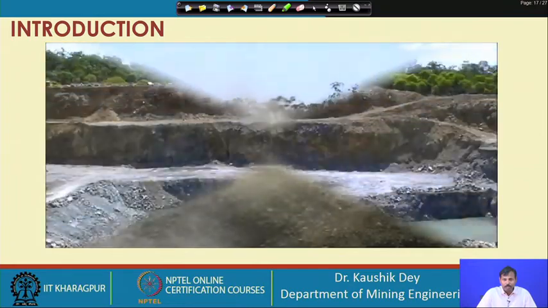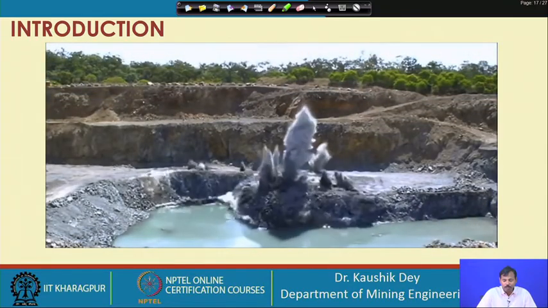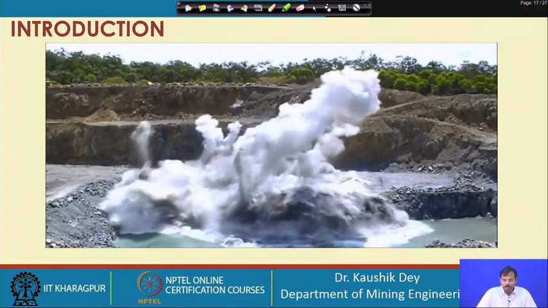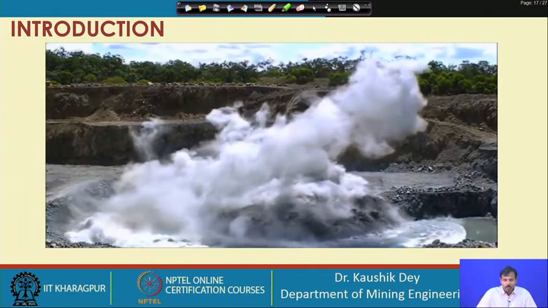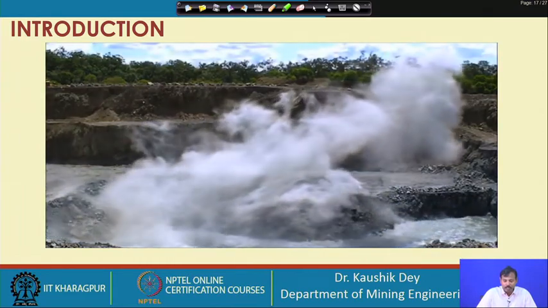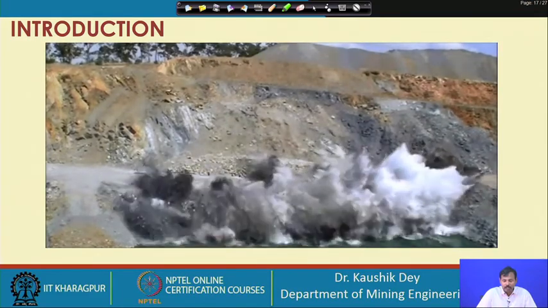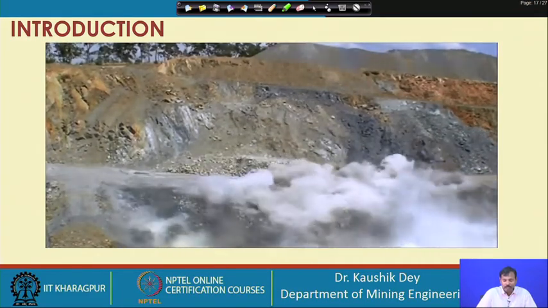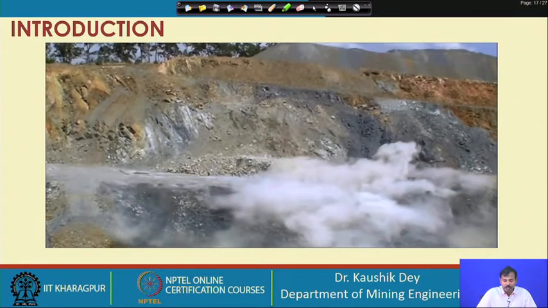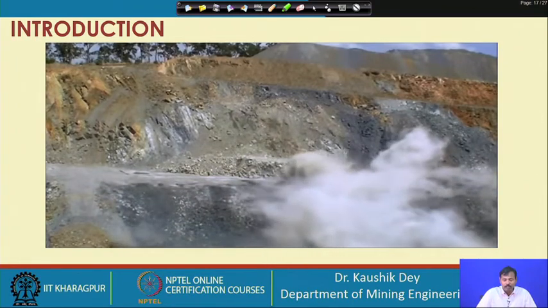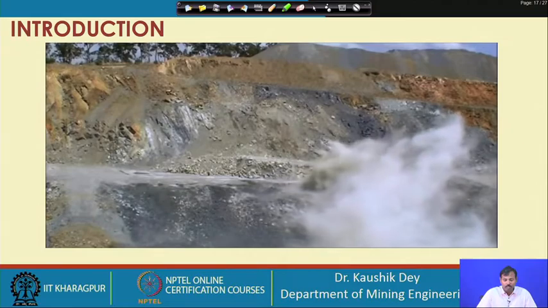If you observe any number of videos, you will find in all of them that the shocks are generated ahead. You can see the shocks first, then the gases are produced, then the rock is thrown in the front direction. These are all benches.